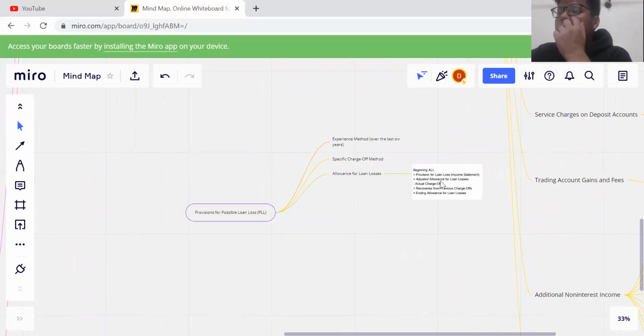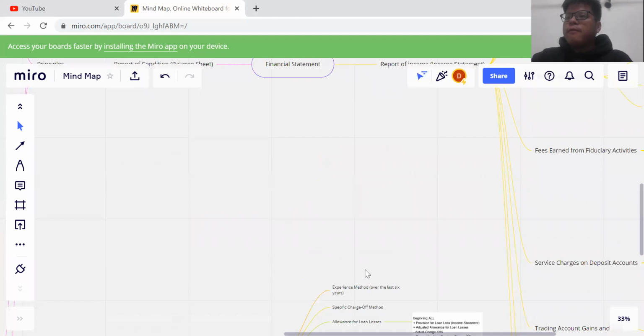You can easily see the equation: beginning allowance plus provision for loan loss from the income statement equal adjusted allowance for loan loss, minus actual charge-offs, plus recoveries from previous charge-offs equal the ending allowance for loan loss.